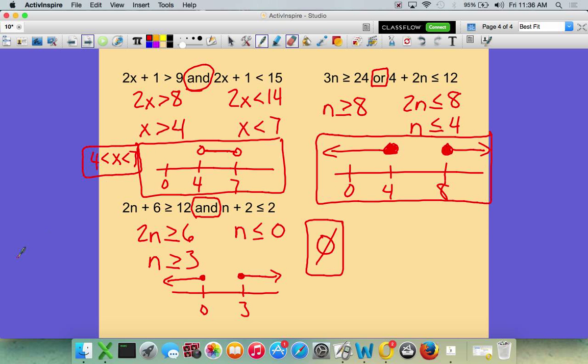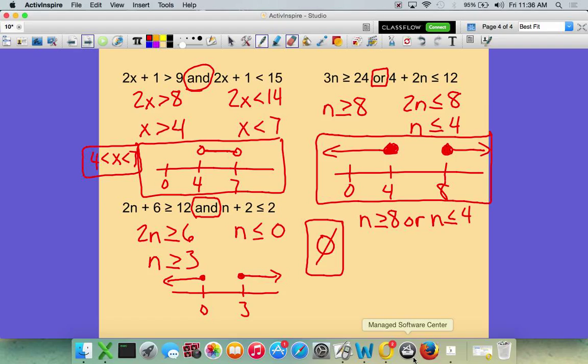That's how we can write those when it's an "and". When it's an "or", we can't combine those like that. It would be nice to be able to, but it's n is greater than or equal to 8, or n is less than or equal to 4.